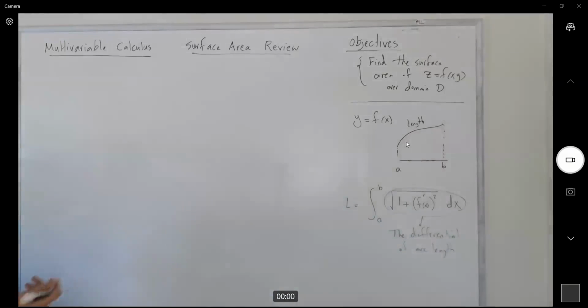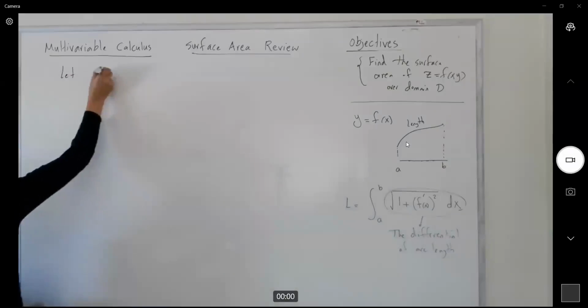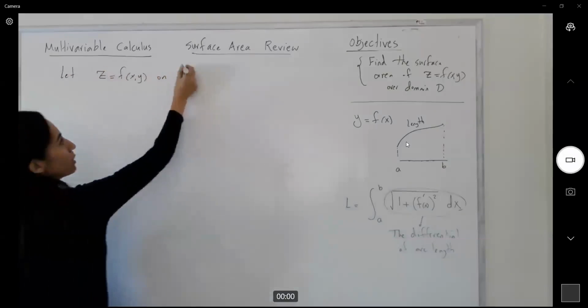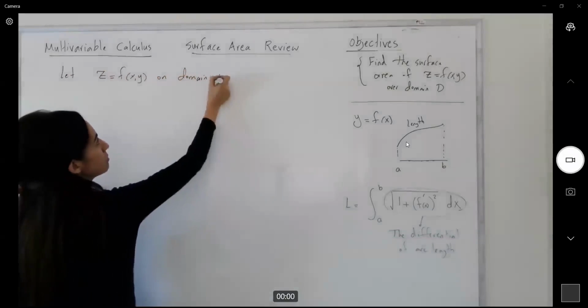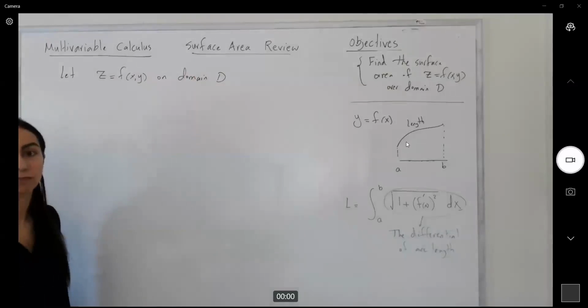Now, suppose you have a function. Let z be equal to f of x and y on domain D. And suppose when you graph this function in x, y, z plane, you get a surface.